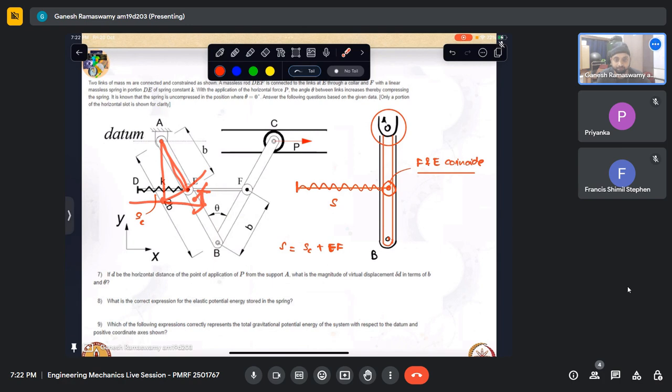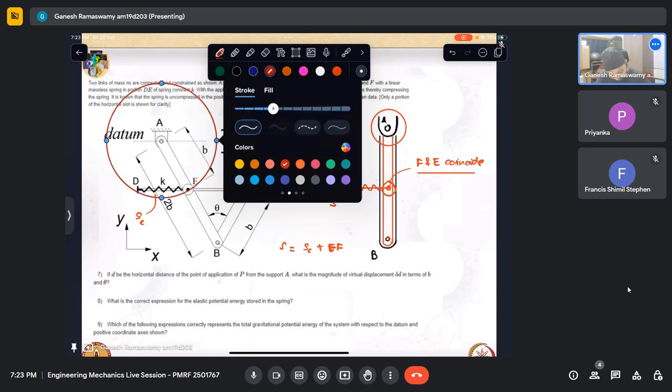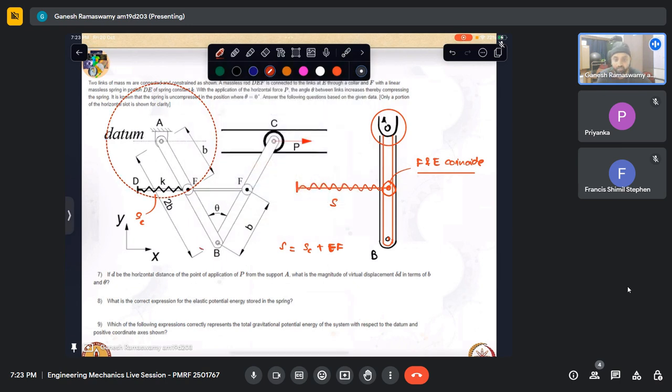So this is nothing but B. One minute, let me draw it this way. This is the circular arc of radius B. At this point, when B is vertical, when the thing is totally uncompressed, this is where my mass point is.